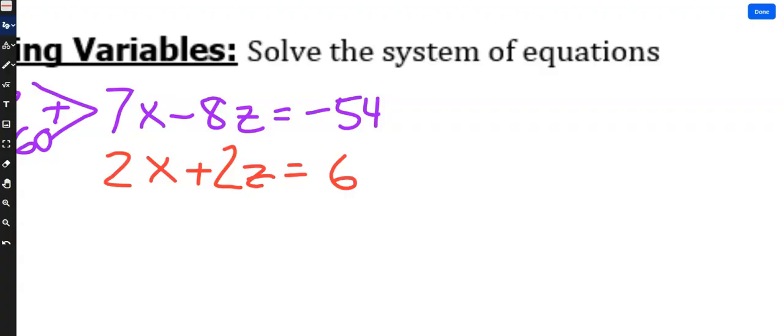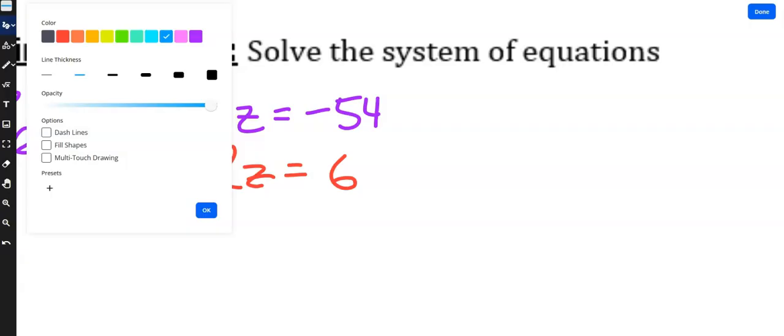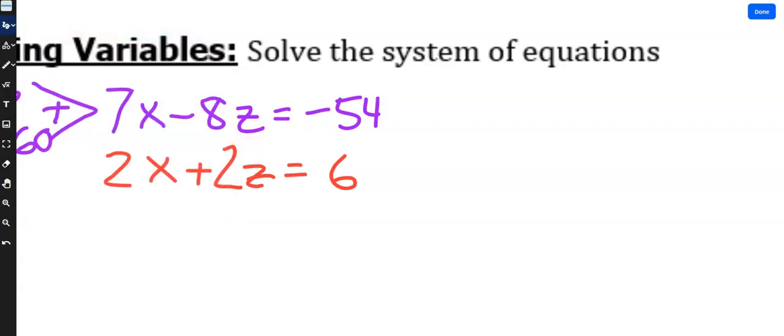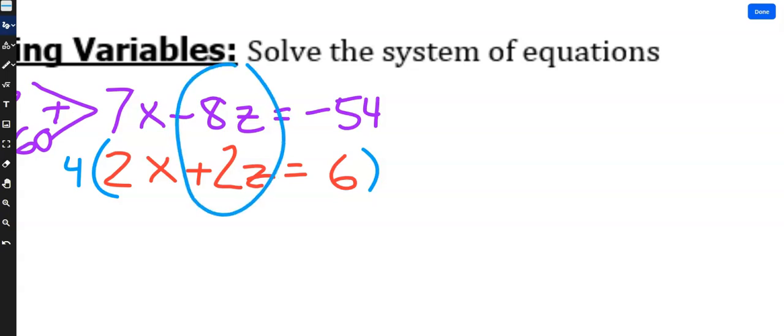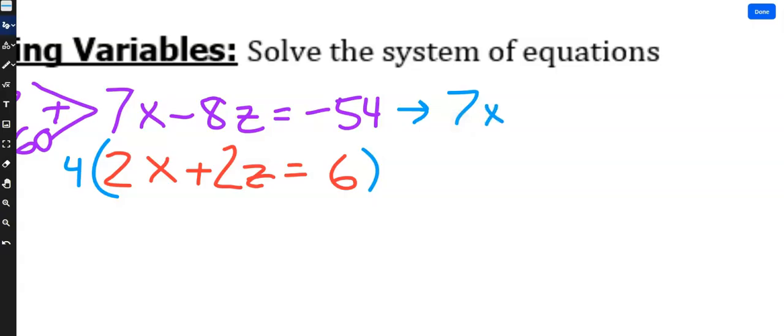And now we're looking at it going, oh, let's see here. I think I need to multiply this one by 4 so that I can get these z's to be opposites. So the top one's going to stay the same, 7x minus 8z equals negative 54.